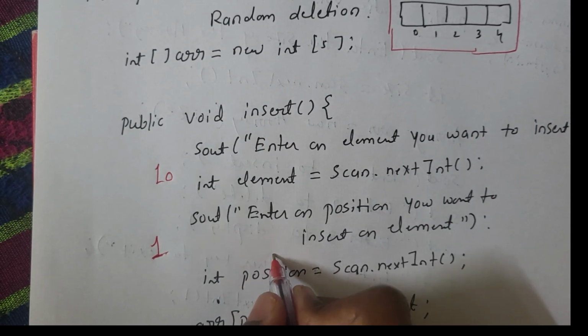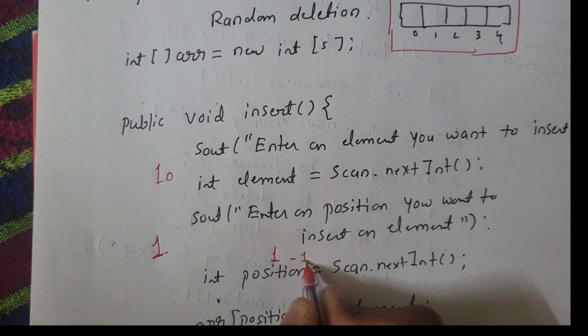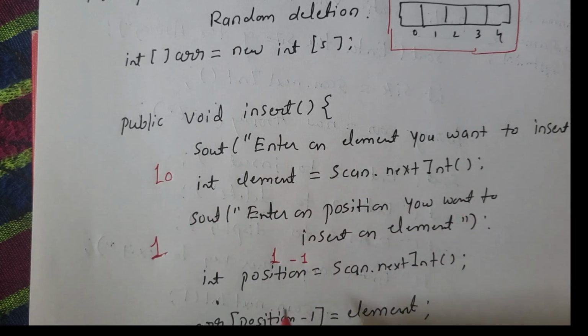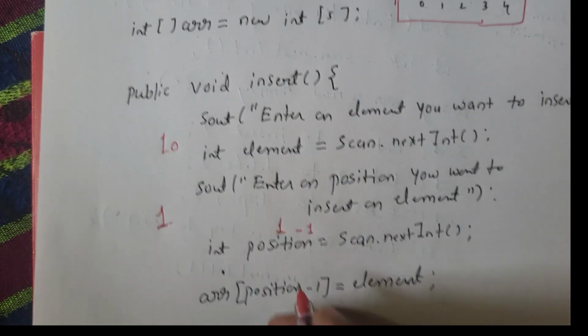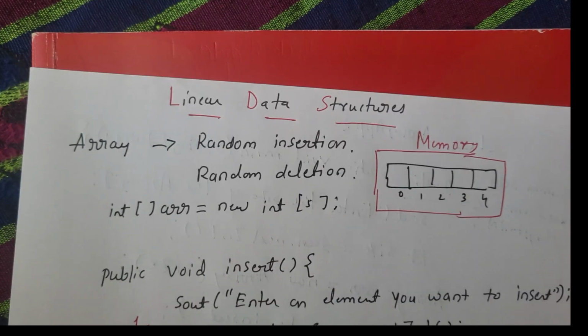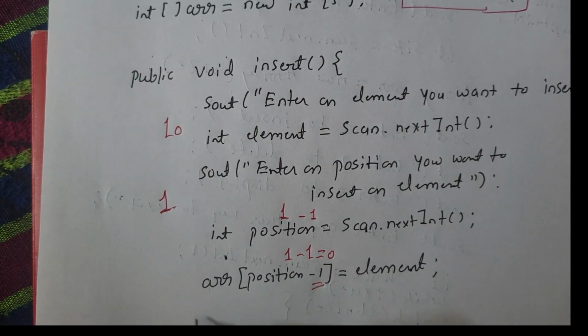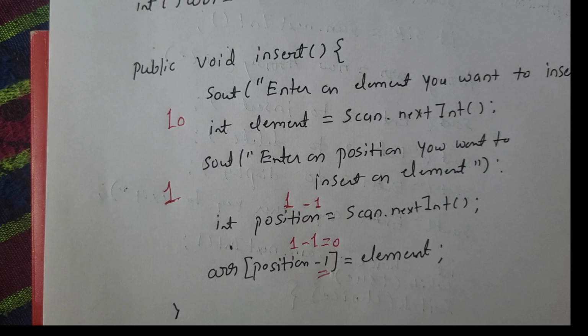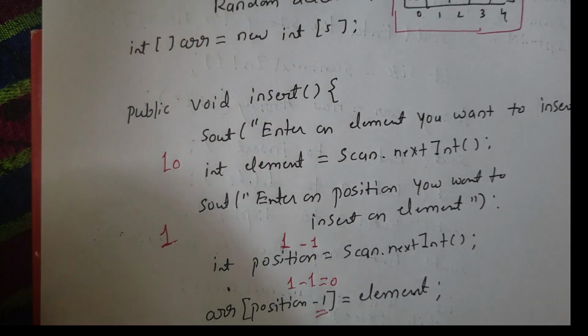So we simply do minus 1, so the element gets inserted in the correct position. 1 minus 1 is 0, so array of 0 gets 10, right? This is the purpose of this minus 1. That's it. This is the insertion logic, or we can say algorithm. Algorithm is nothing but the logic we write.